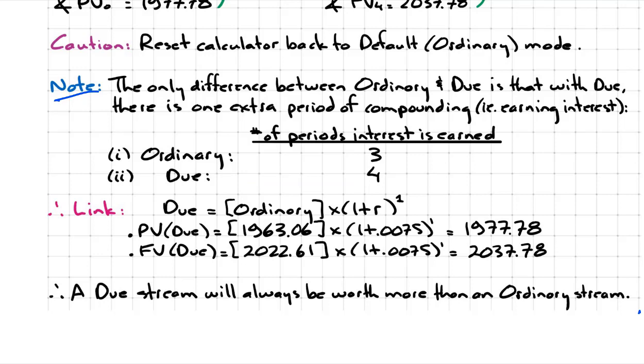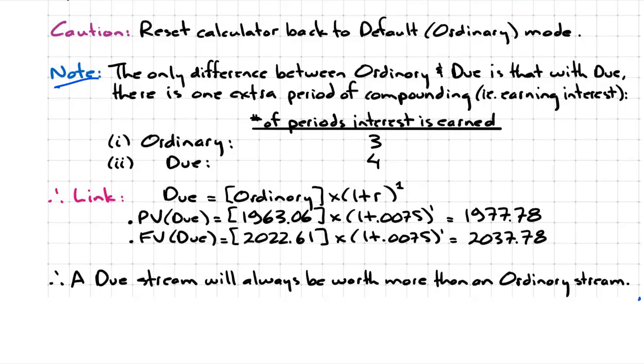So that means there's a mathematical link between ordinary and due. With due you get at least what ordinary is paying times an extra month of compounding. So that is the mathematical relationship between annuity due and ordinary annuity.